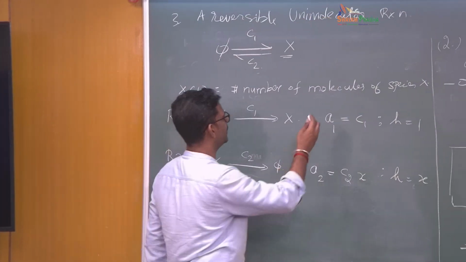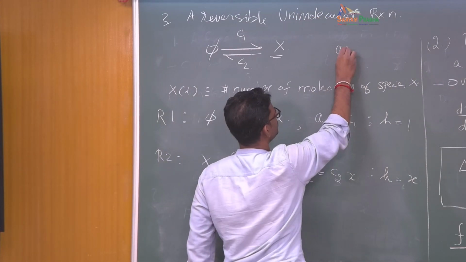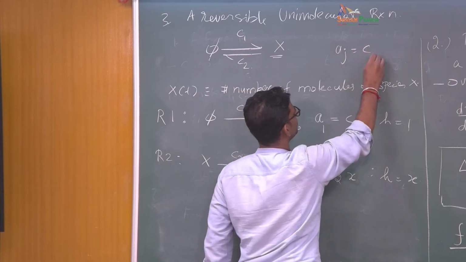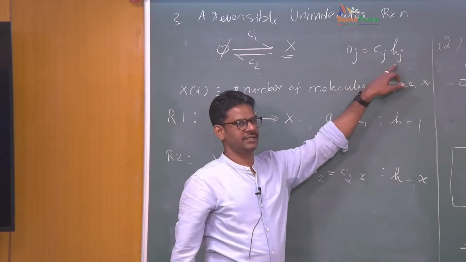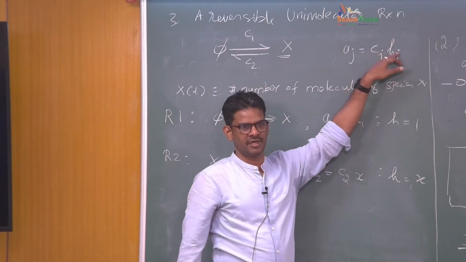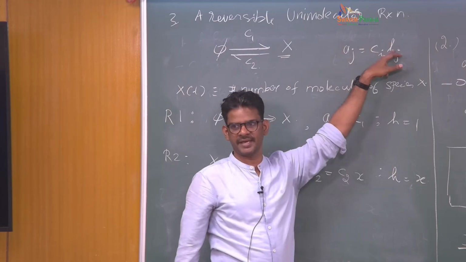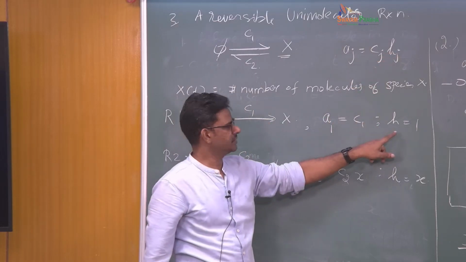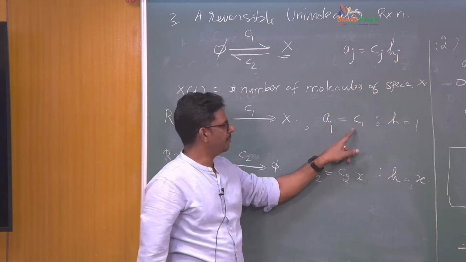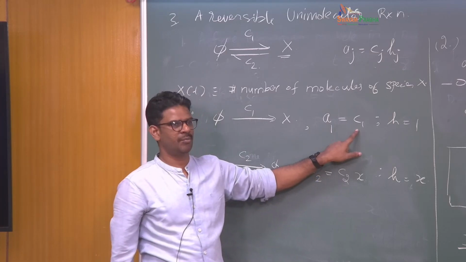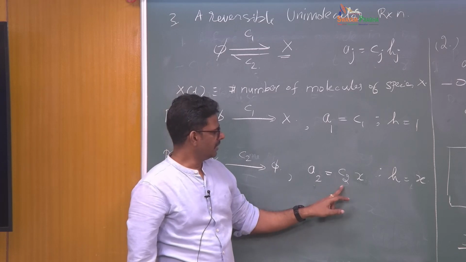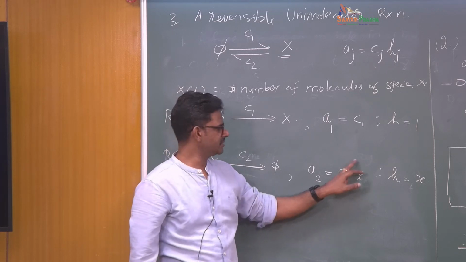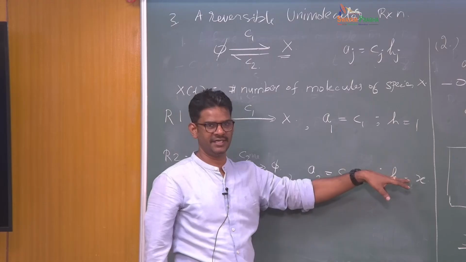So I want you to recollect that the way that we defined the propensity function is something like this. There is a rate constant and then there is a multiplicity factor. How many possible ways in which this reaction can happen? In the case of a zeroth order reaction, H is simply 1. The rate depends only on the rate constant. It does not depend on the amount of phi here. Whereas in the second reaction, it is rate constant times X. X is the number of molecules of X that is present at any time.